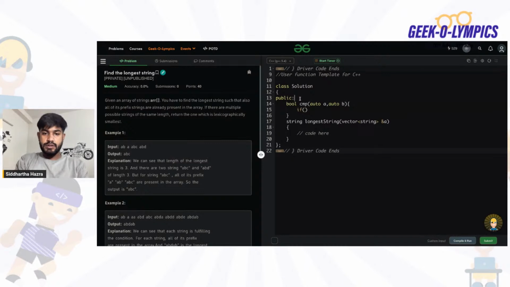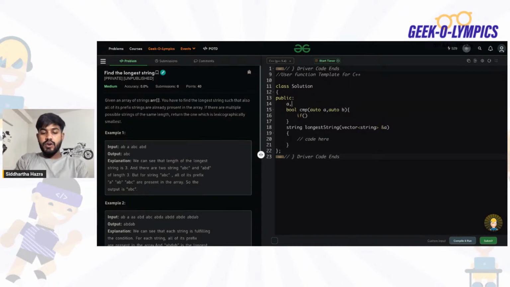Let's just take the example to see why this is working: A, AB, ABC, X, XY, XYZ. First, if the size is not equal, we prioritize on the size. So if A dot size is not equal to B dot size, return A dot size greater than B dot size.